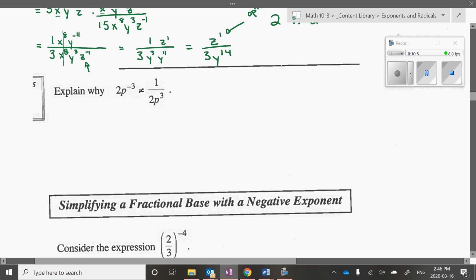On this one, can you explain why 2 to the power of 2p to the power of negative 3 is not equal to 1 over 2p cubed? This would be a really good level 5-6 question.